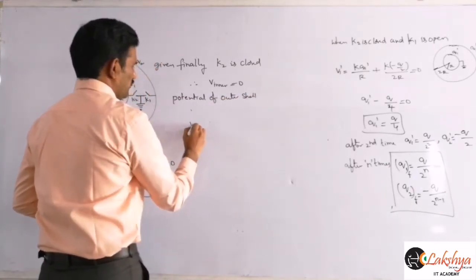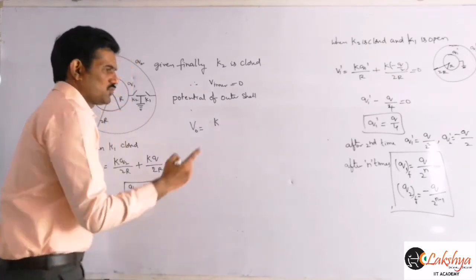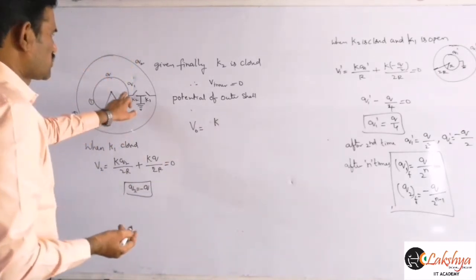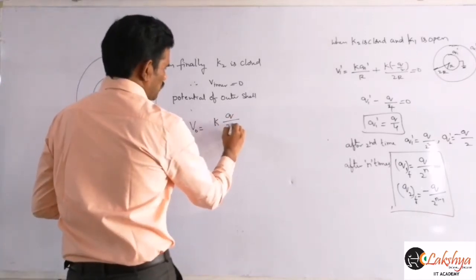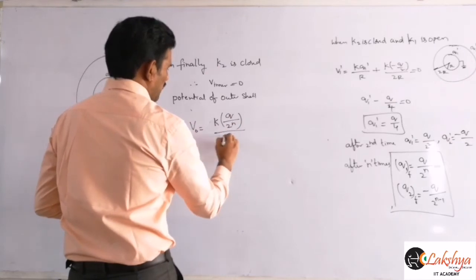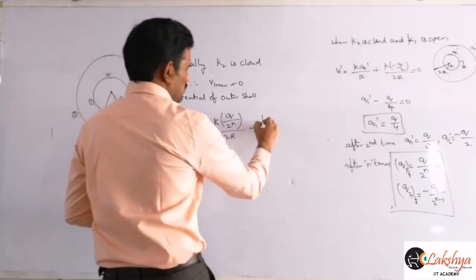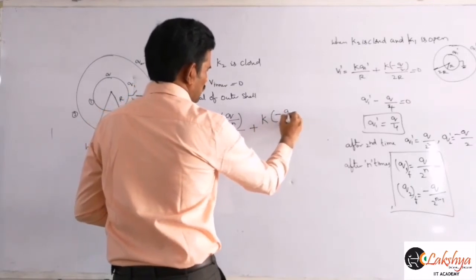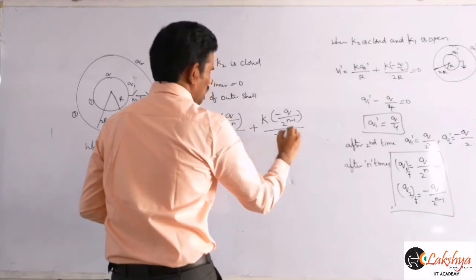So now the potential of this outer shell we can write it as K into, due to the inner charge, that means this charge, q by 2 power n by 2r, plus K into minus q by 2 power n minus 1 by 2r.